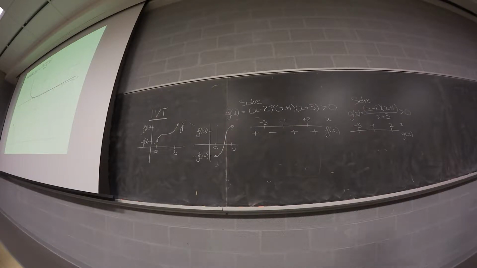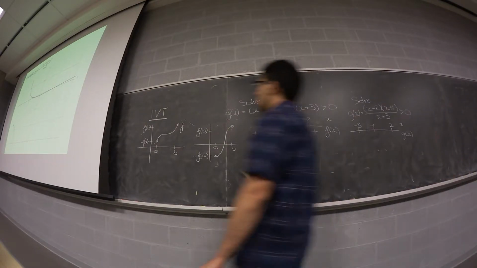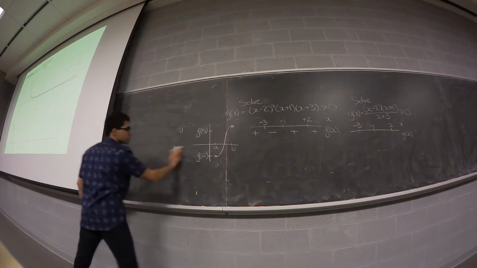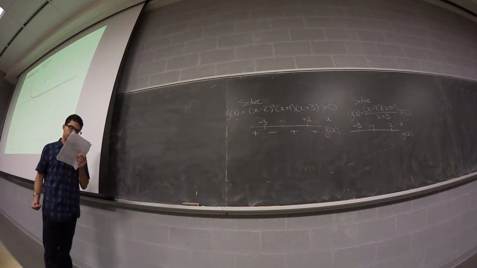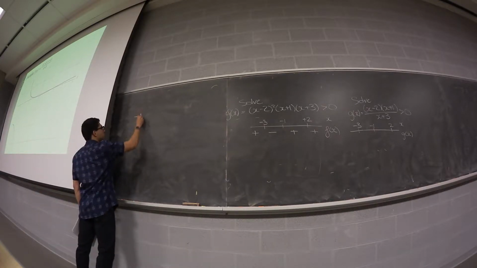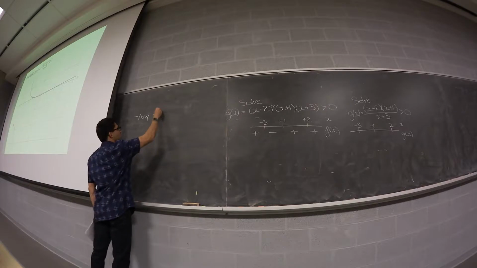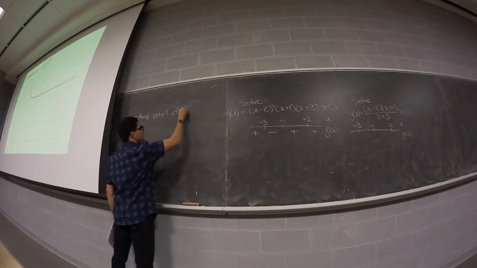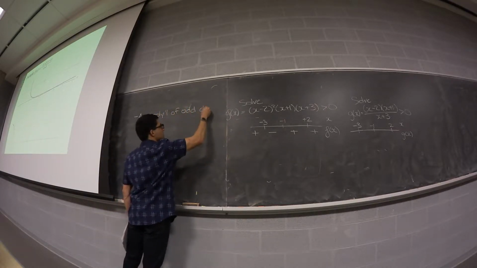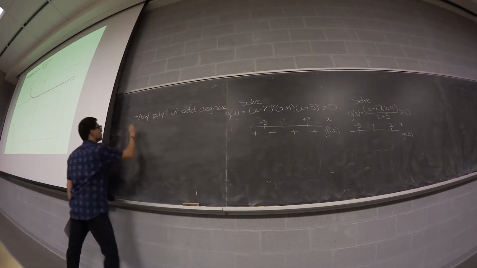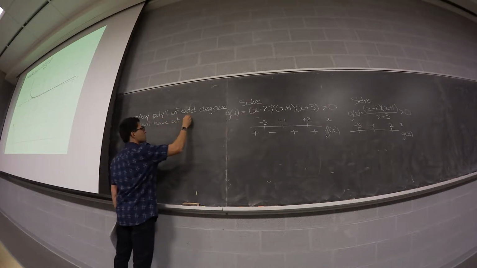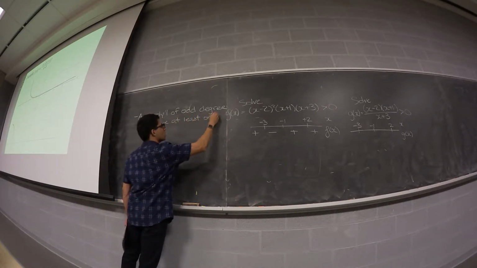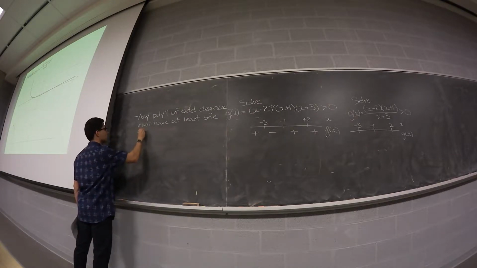Now, something else I said I'd mention at some point. Any polynomial of odd degree must have at least one real zero or root.